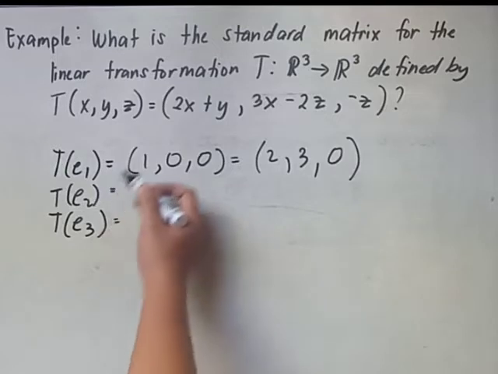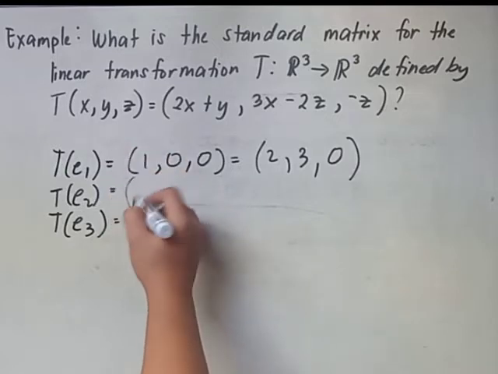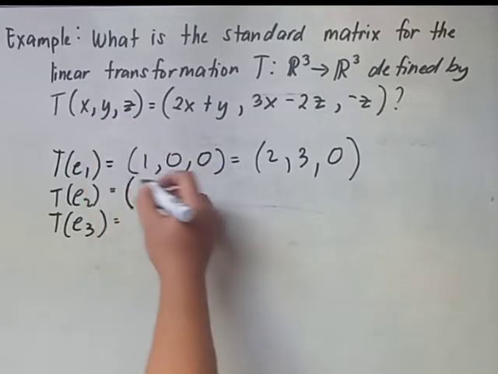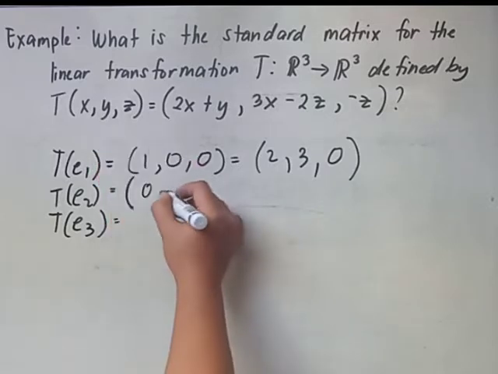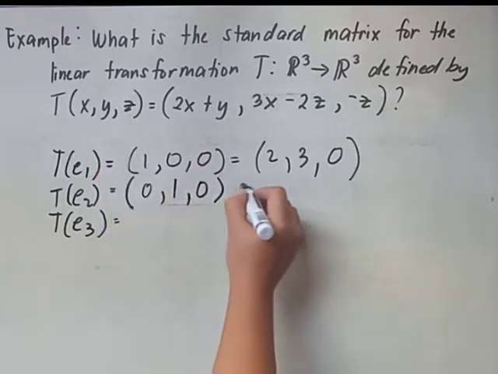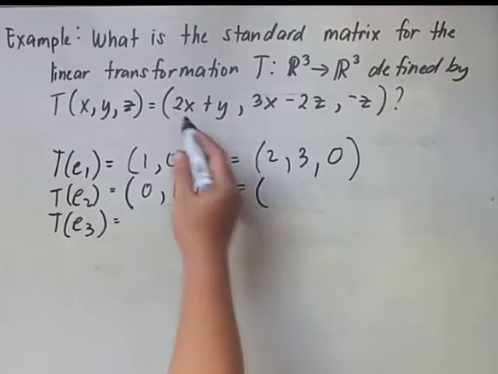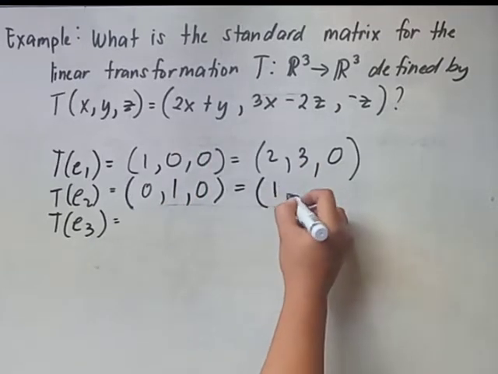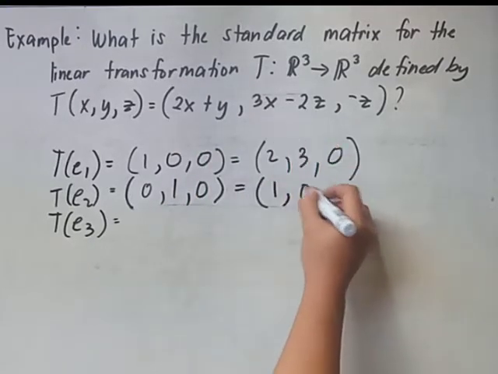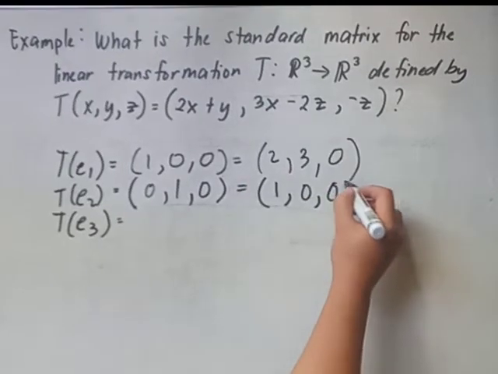For the transformation of vector e sub 2, that is y, 0, 1, 0, we get 1, 0, and 0.